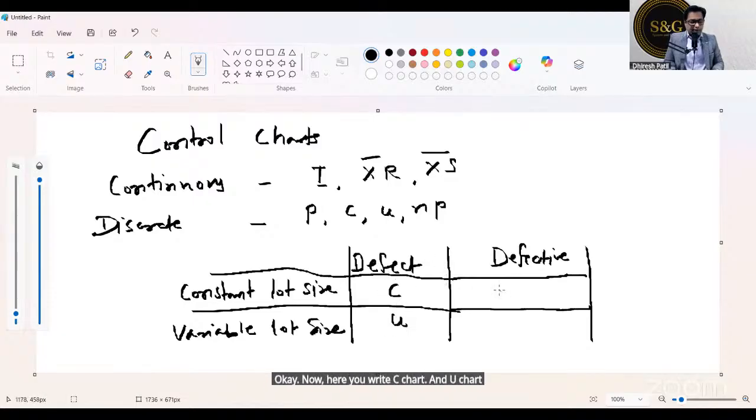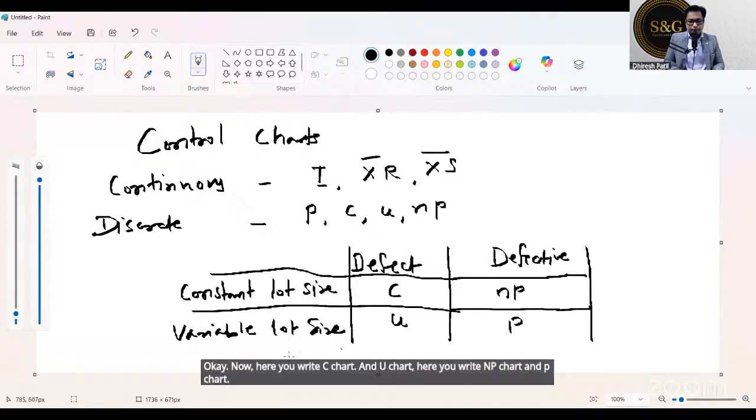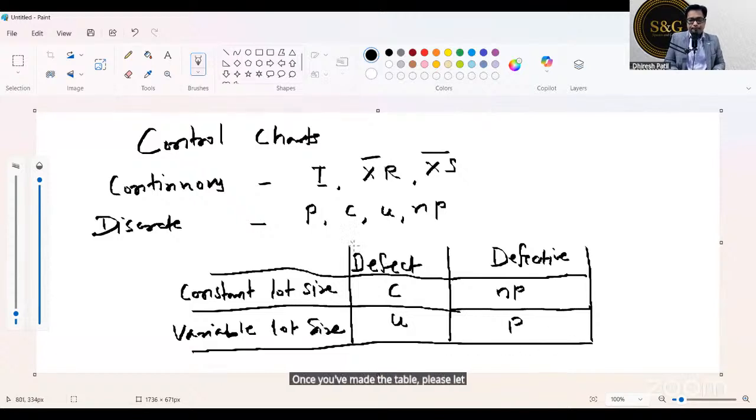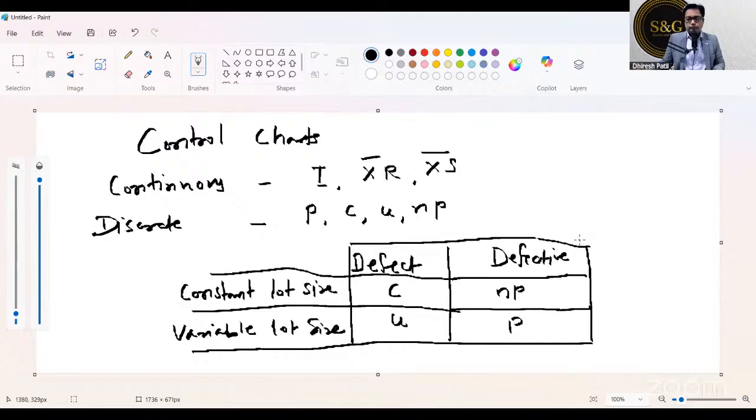Here you write NP chart and P chart. Once you have made the table, please let me know. Done.